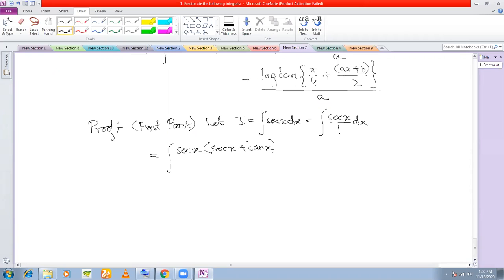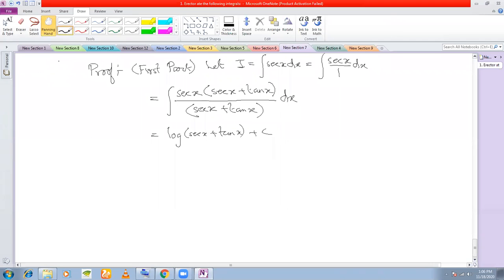In the previous one we multiplied by cosec x minus cot x; this time we are multiplying by sec x plus tan x. And then you proceed exactly as we had proceeded earlier. You put t is equal to sec x plus tan x, and then you will show that the numerator is the derivative of the denominator, so this can be written as log sec x plus tan x plus c. Understood?